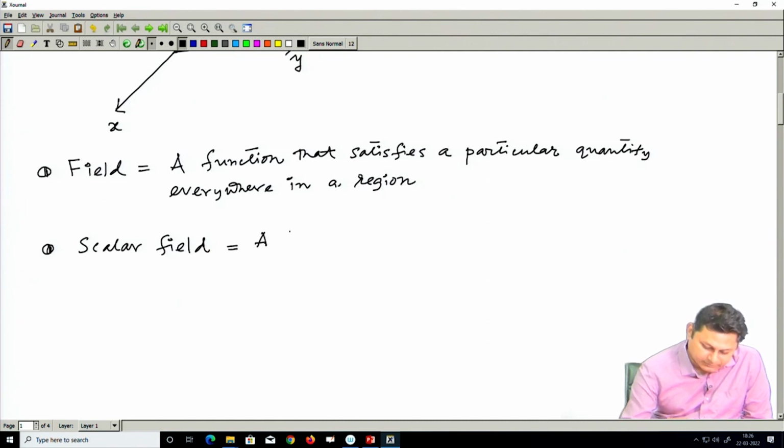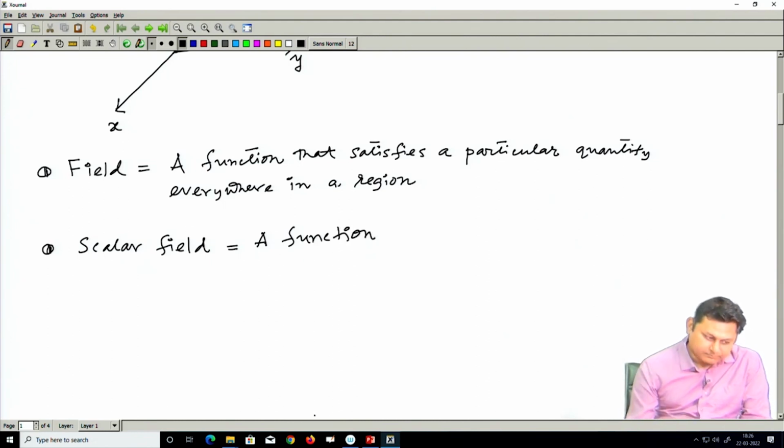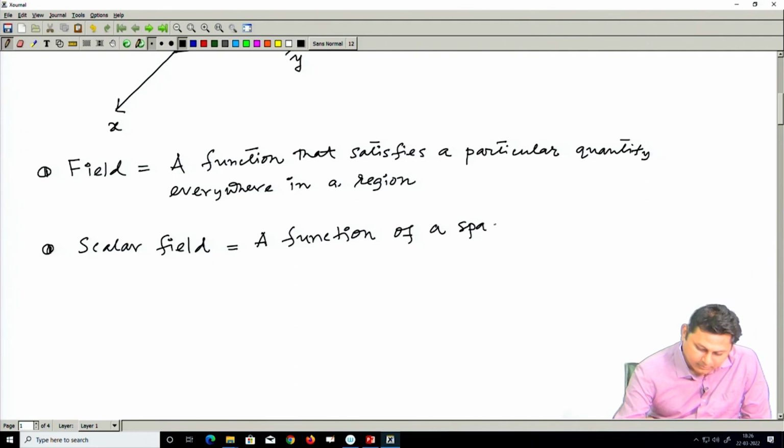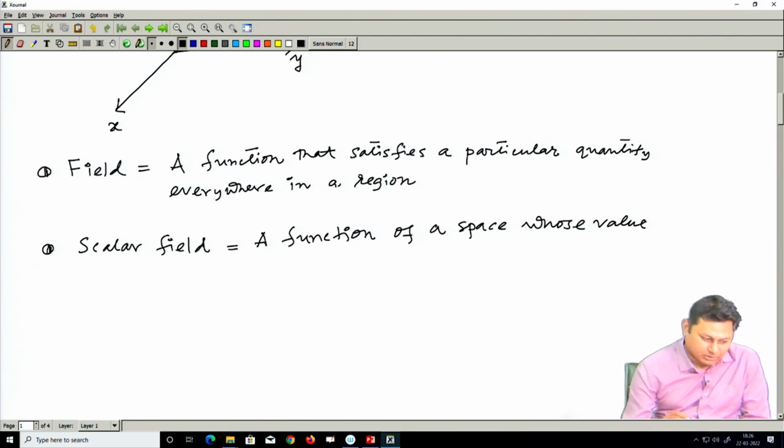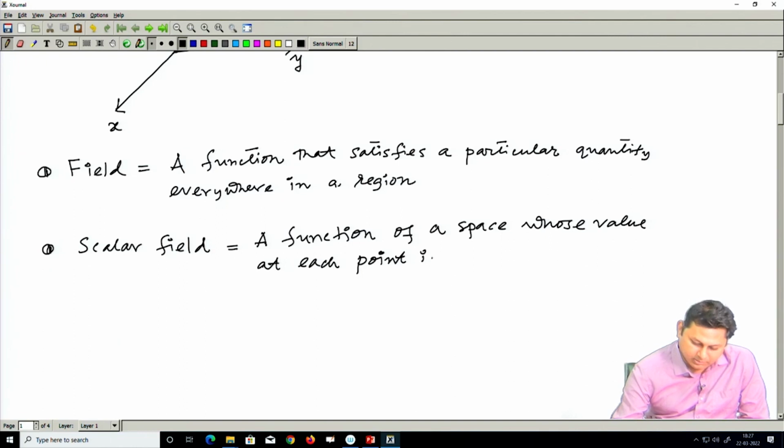A function of space, say, whose value at each point is a scalar quantity.